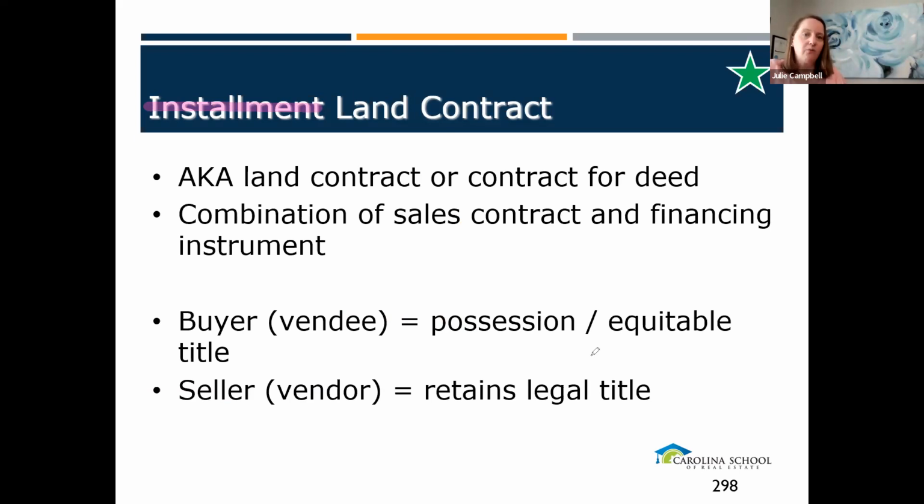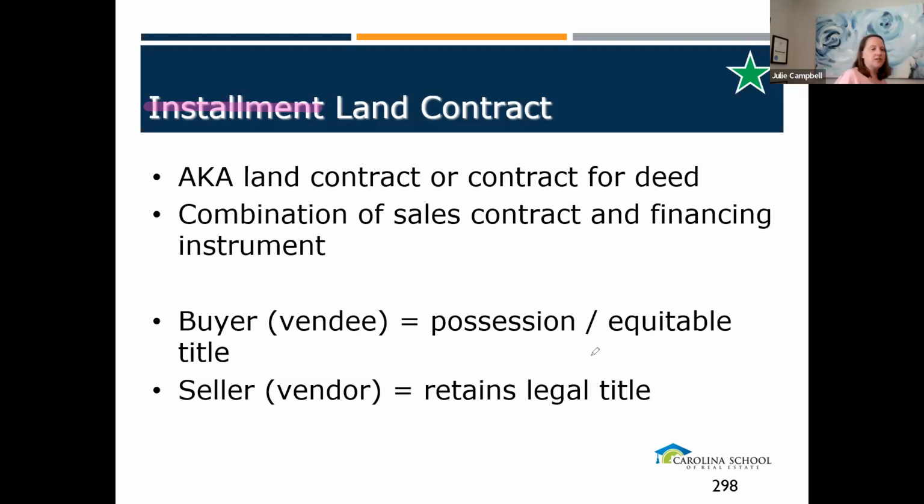How often? This type of alternative closing method combines the for sale piece of it, and then it adds the seller as the financing instrument. So instead of paying the bank, the buyer's paying the seller.